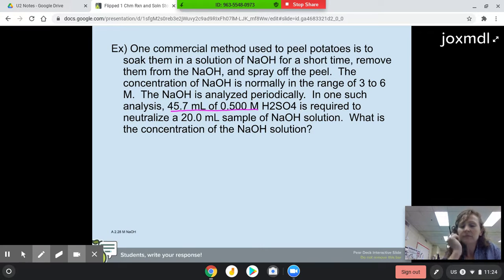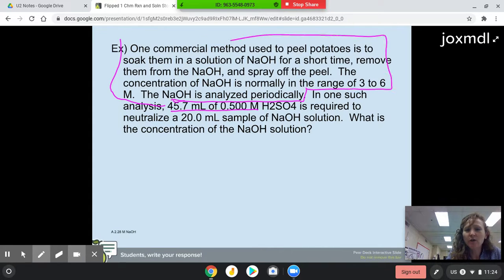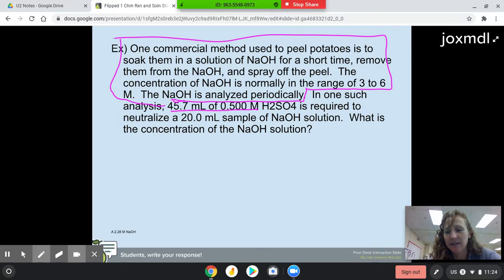What's the significance of the range of 3 to 6 molar? Are they just trying to throw us off, or does that matter? They're just giving you fun information. All of this is just for your enjoyment. You don't need any of it.